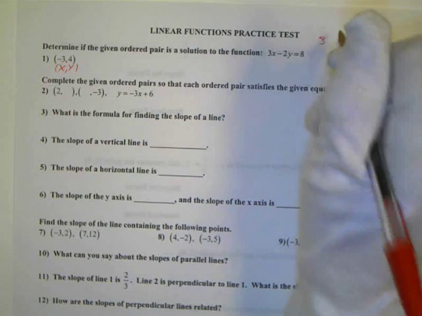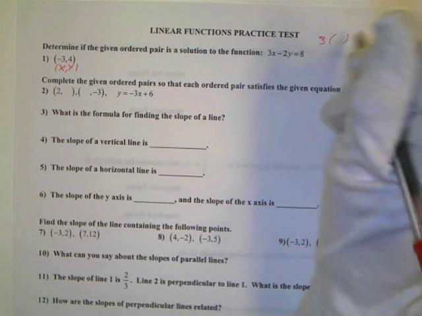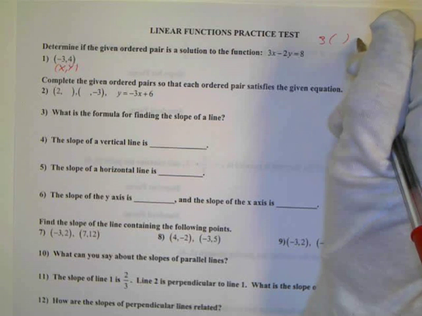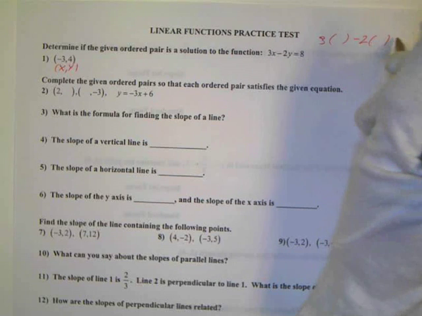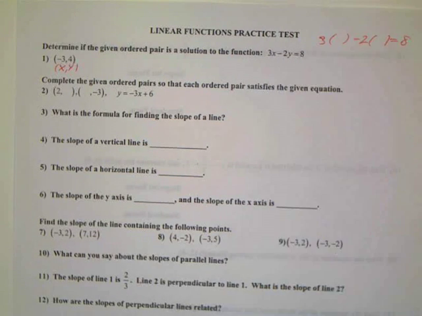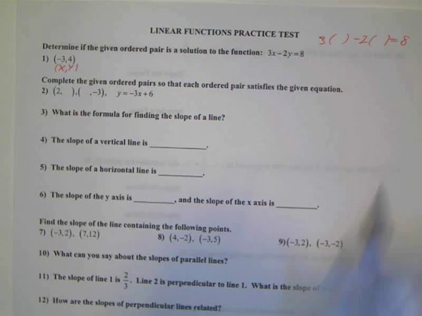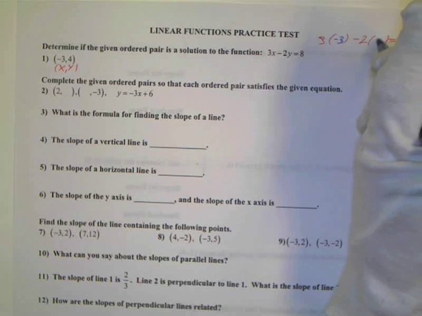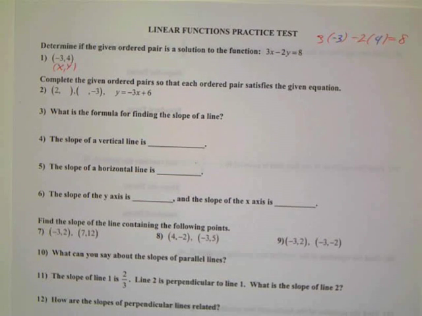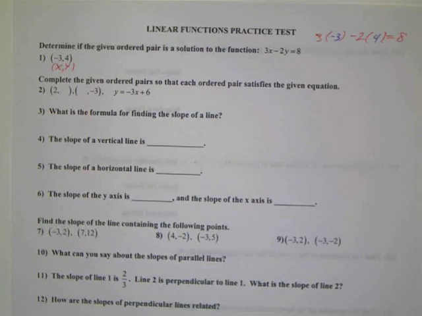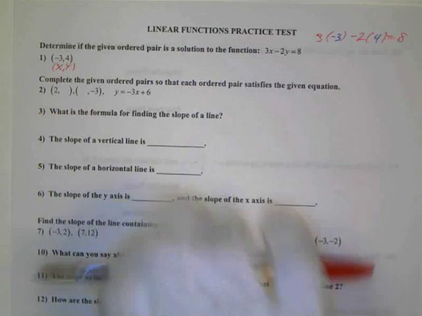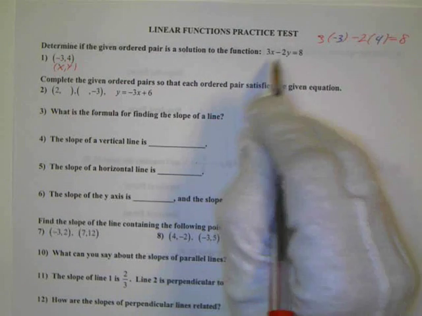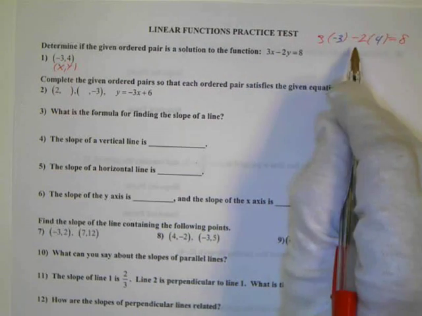So is 3 times, and x is what, minus 2 times, and y is what, equals 8. So we'll put our values in, and our values were -3 for x and 4 for y. So is this true? So 3 times -3 is, oops, sorry about that. 3 times x minus 2y, does that equal 8?